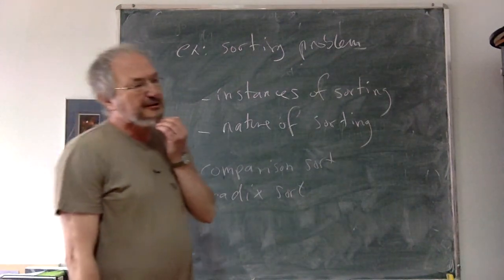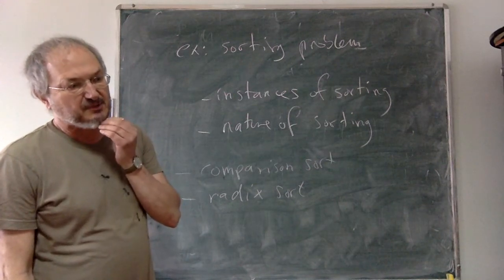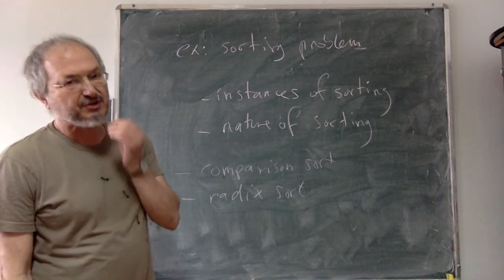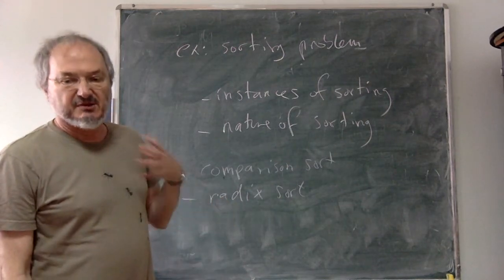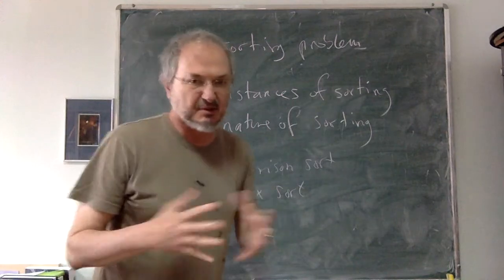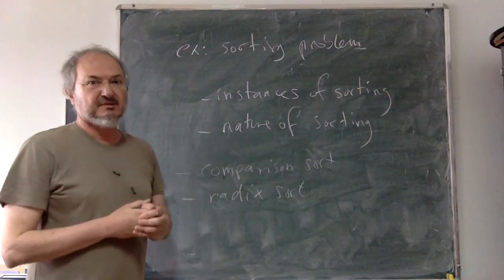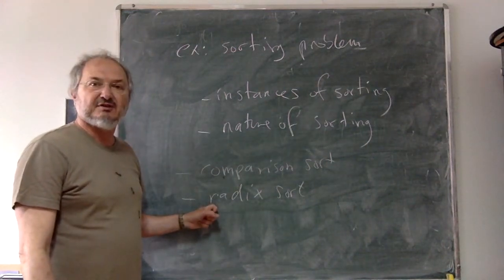And the reason why it's more of an explanatory theory is because once you understand the nature of the sorting itself, you can come up with predictions about what you can do with this. For instance, the zip code essentially arose out of the idea of a radix sort.